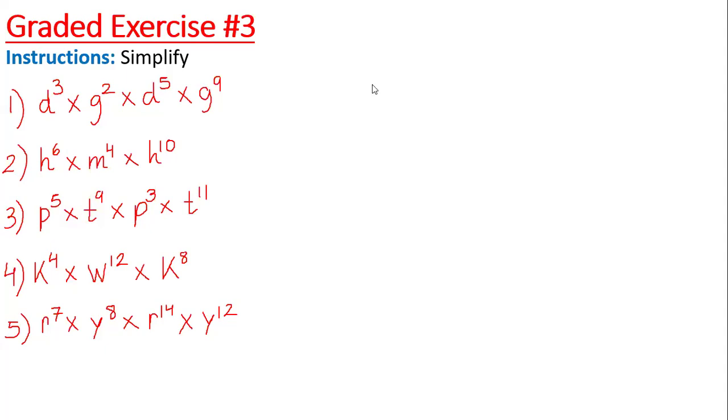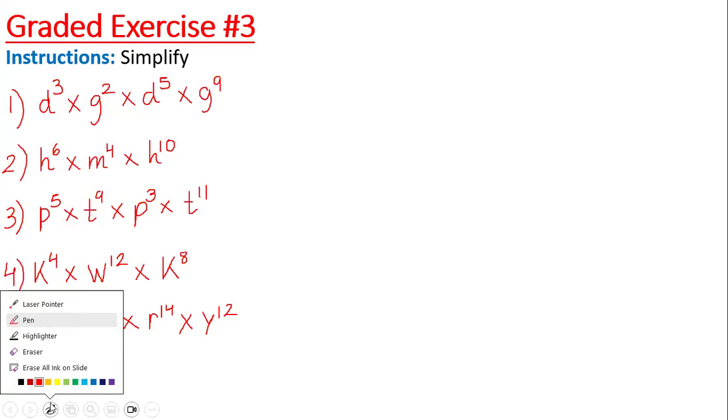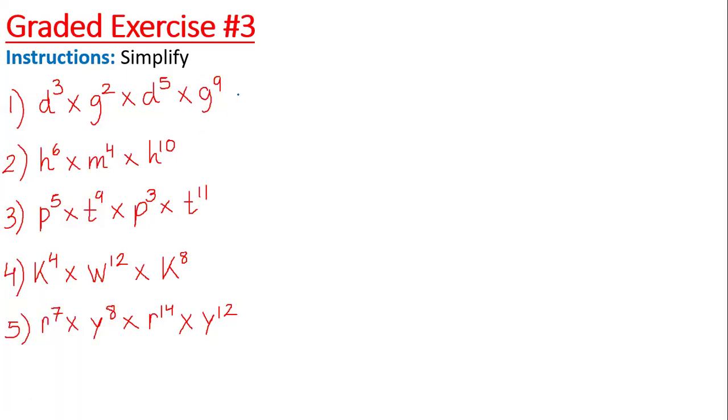I'm back. All right, let's go ahead and answer these. What do you have for number 1? D to the power of 8, multiplied by G to the power of 11.